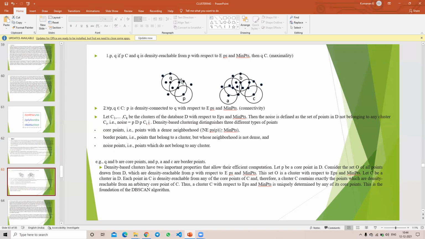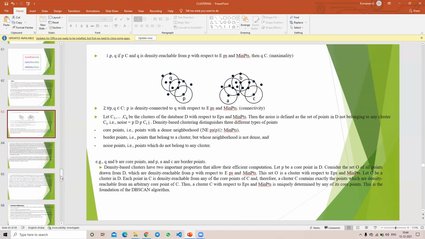The similarities and dissimilarities between P and Q with respect to EPS and minimum points. P is density connected to Q with respect to EPS and minimum points, via connectivity.